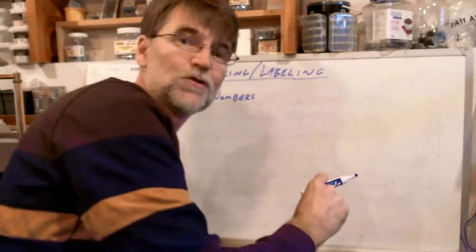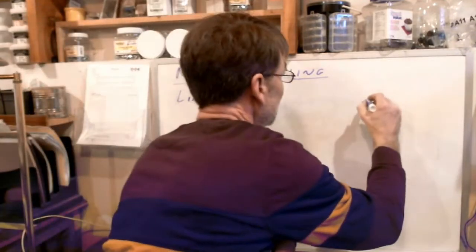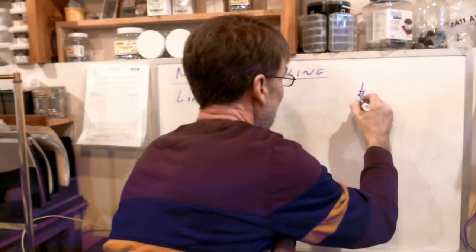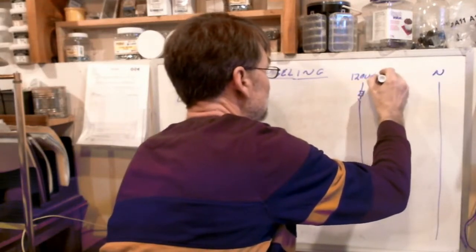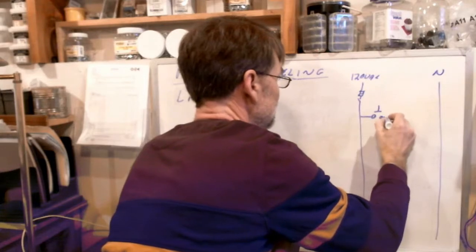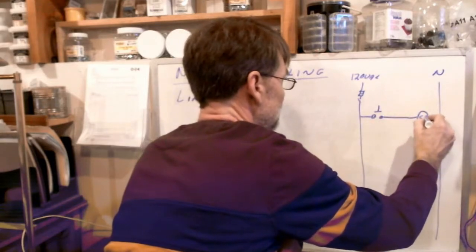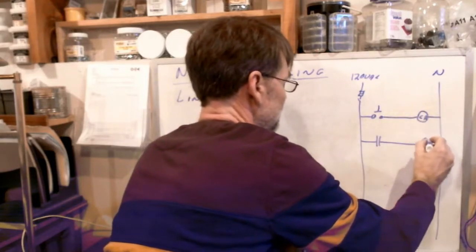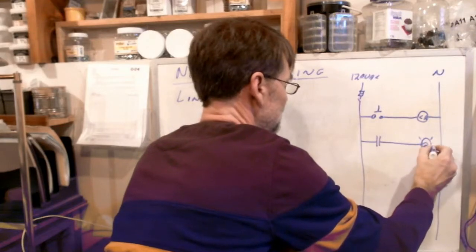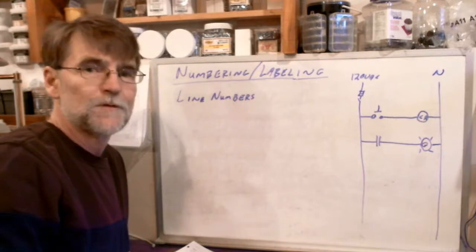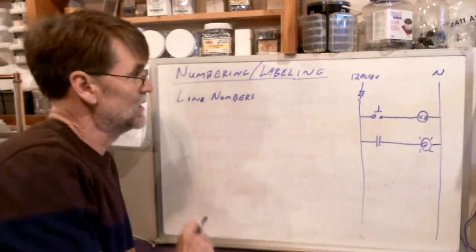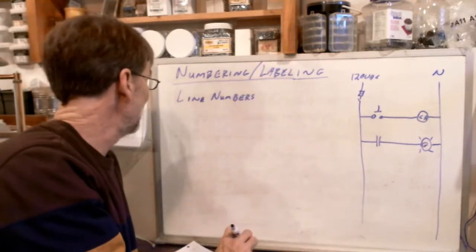So let me go back here and draw the ladder diagram again. Okay, so that's not exactly as I drew it before, but that's a nice little diagram that we can start with.